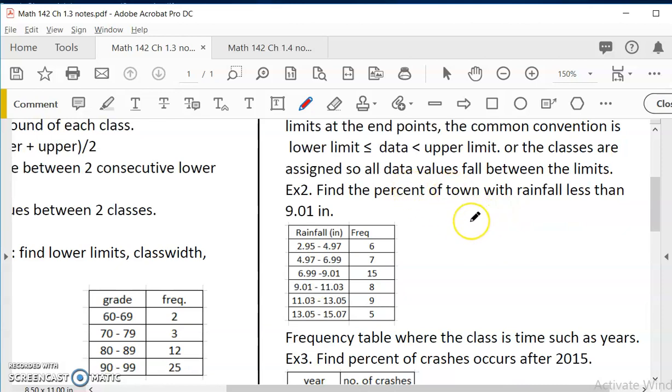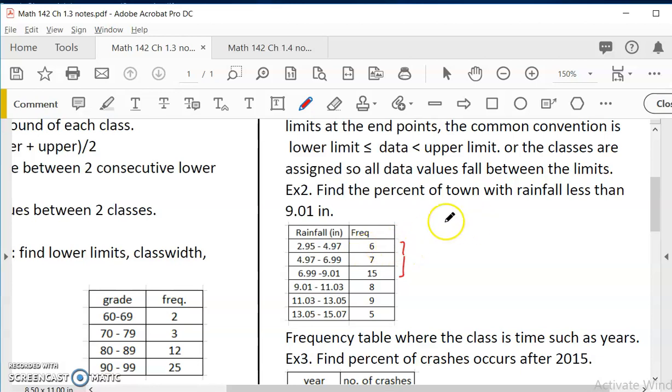So let's use this and find out what percentage of towns have a rainfall less than 9.01. Now 9.01 is here, right? So everyone that is less than 9.01 should be in the first three classes, because a rainfall of 9.01 belongs to the fourth class. So the frequency that is less than 9.01 would be all three.